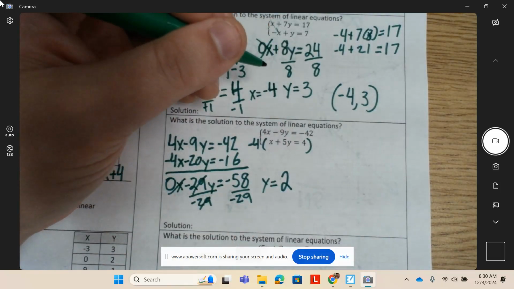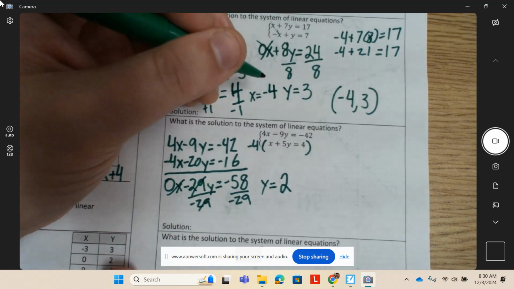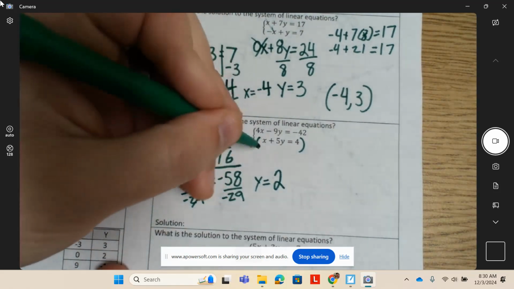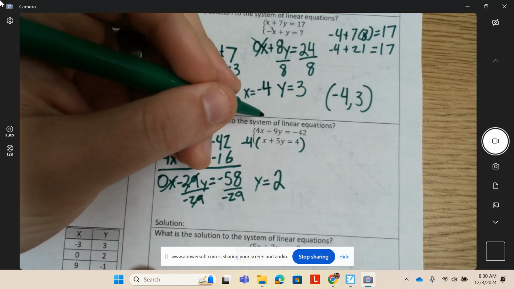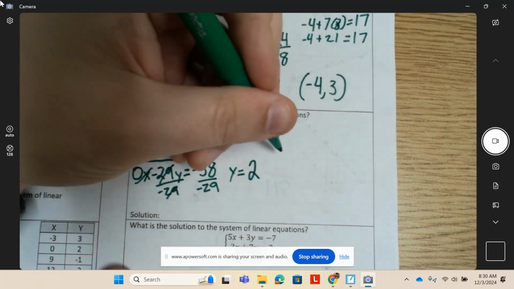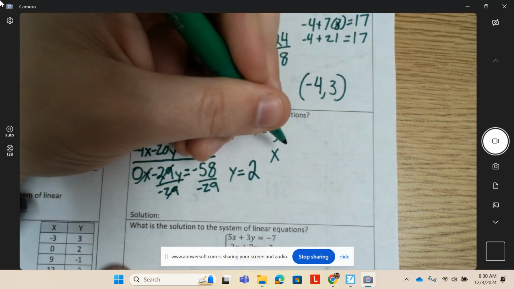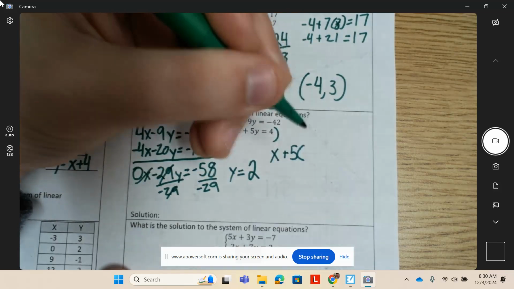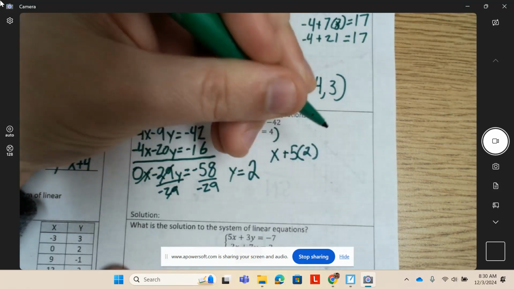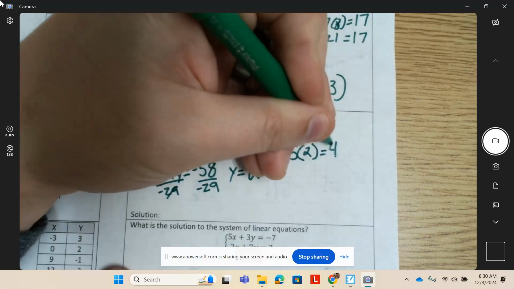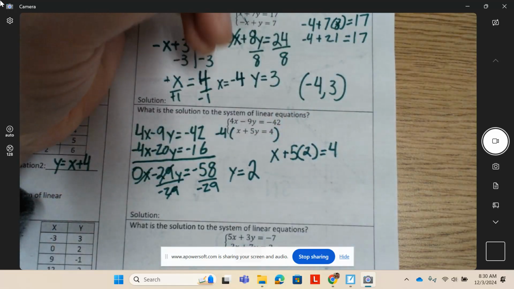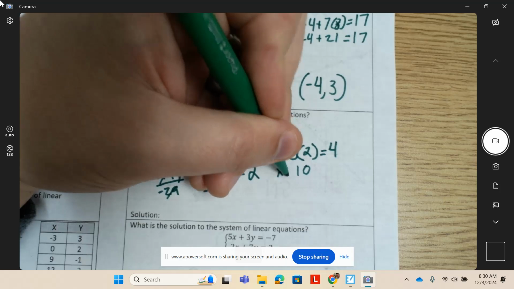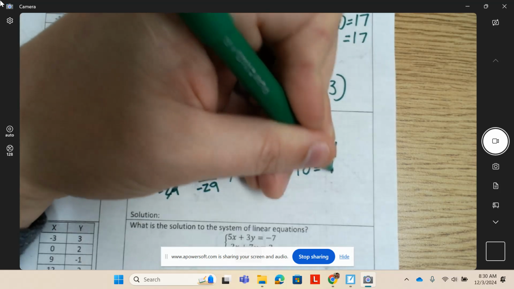And then we're making the decision of which one of these I want to plug in that 2. Looks to me like the second equation might work out a little easier. So I'm going to take the y and plug it in there. So x plus 5, now y is 2, equals 4. So 5 times 2 gives me 10. So something plus 10 equals 4.